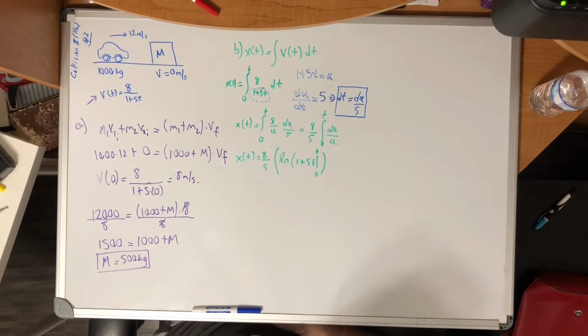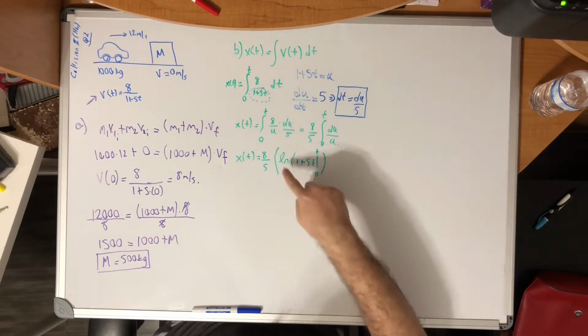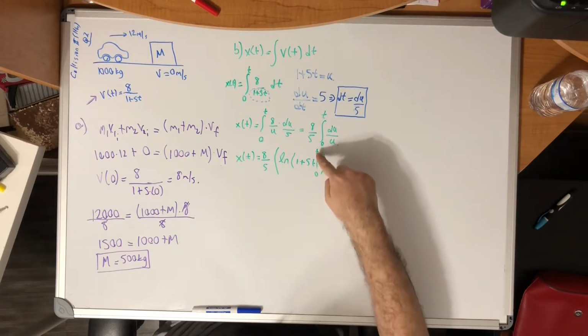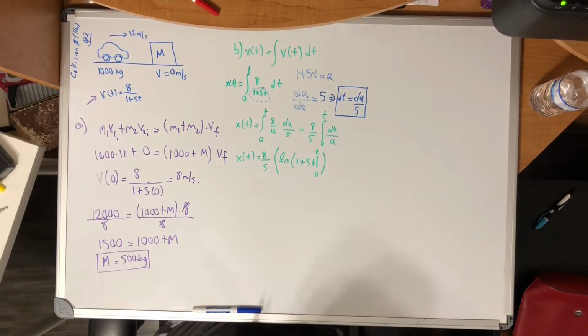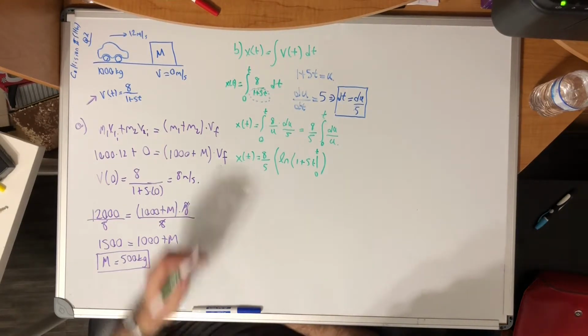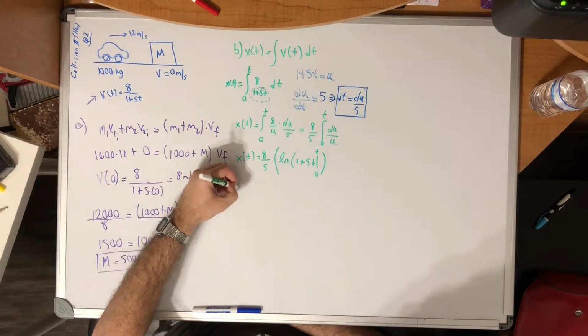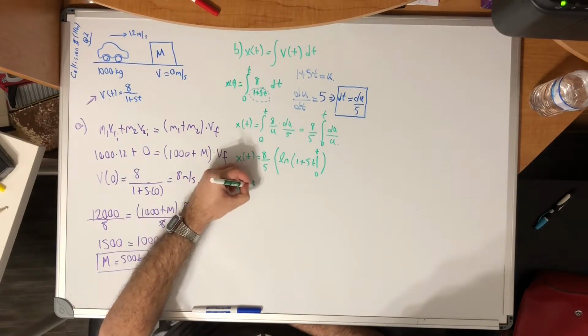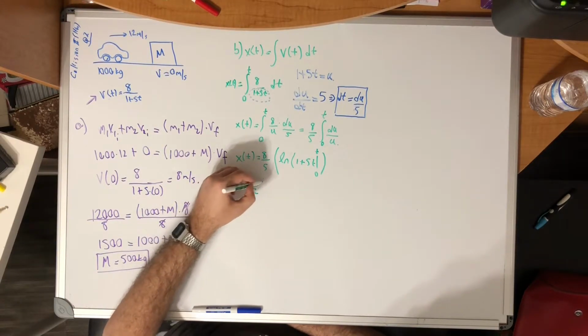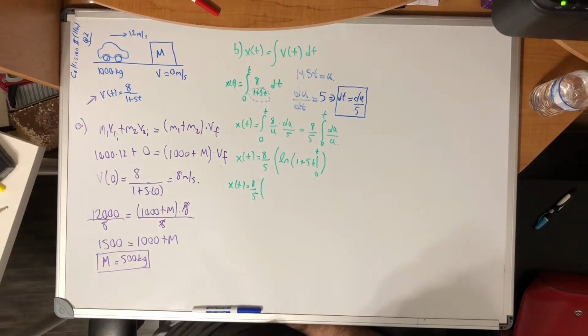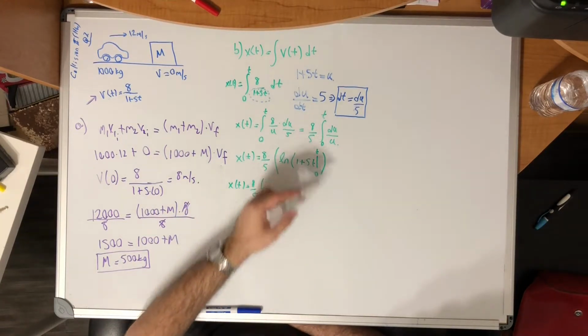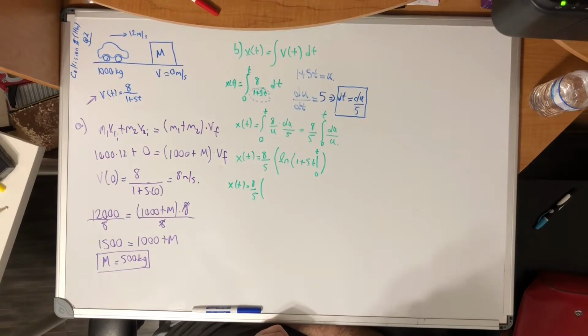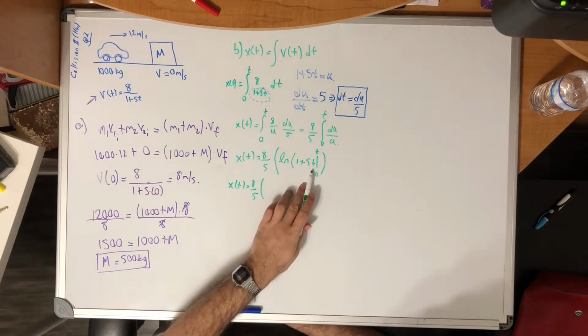So now what should I do? I should replace the upper and lower boundaries and then finalize the integral. So x of t is 8/5 times. The rule for placing upper and lower boundaries is basically replace your variable.